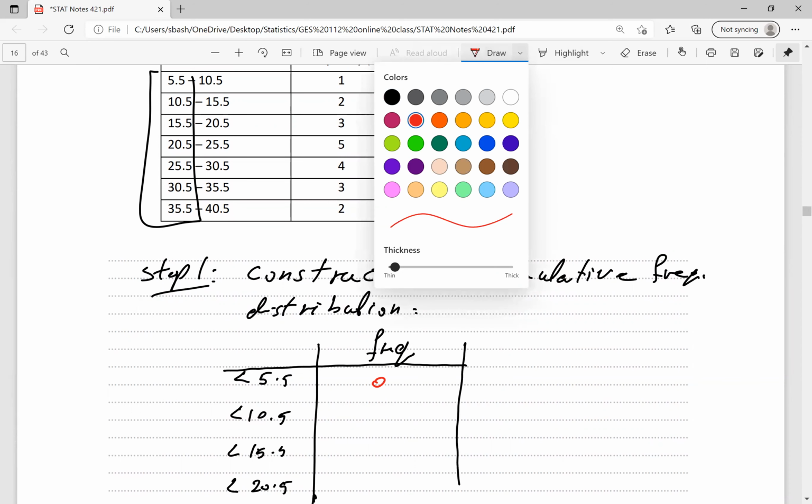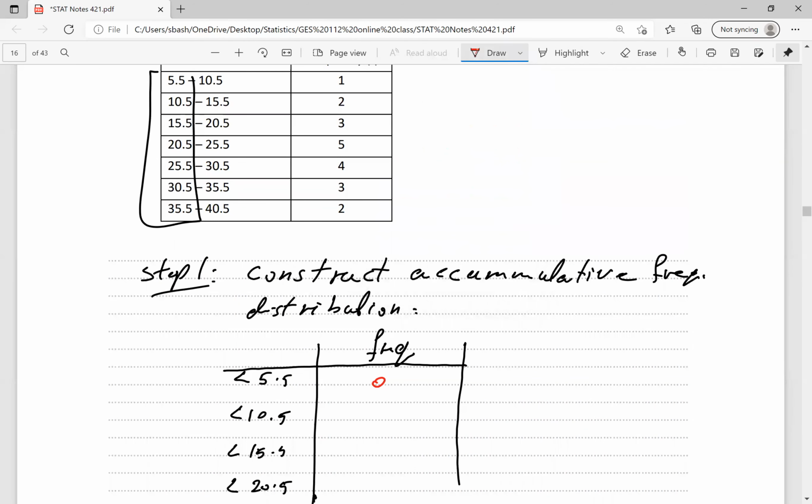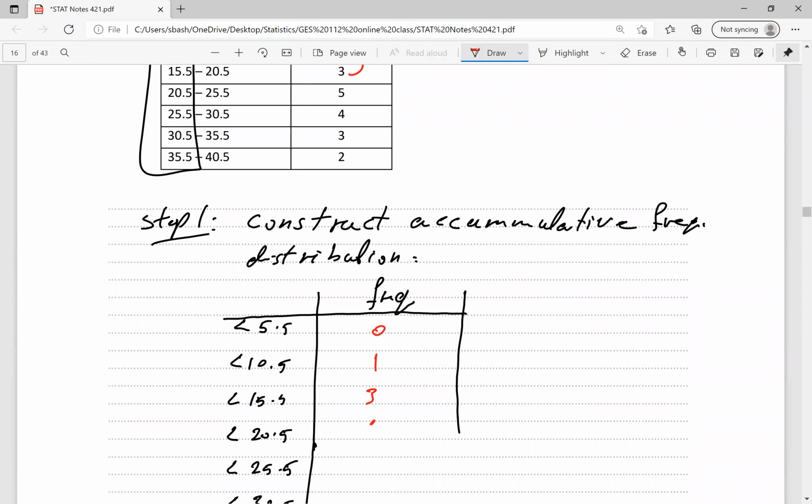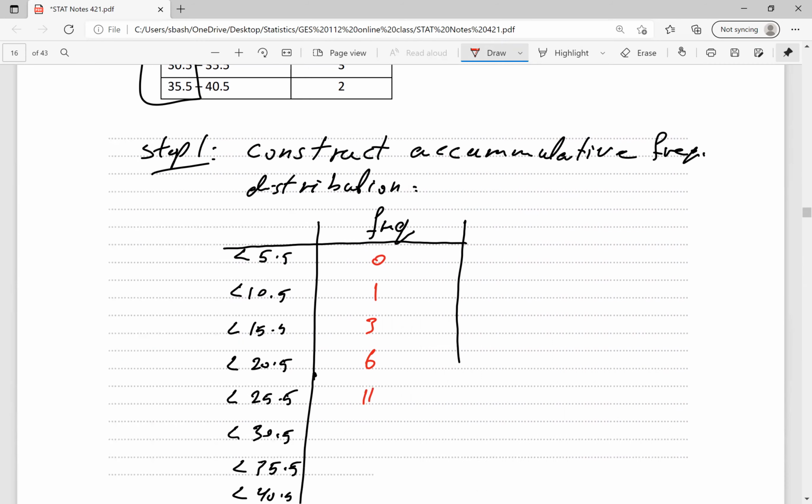Now less than 10.5, it is the first frequency. Now we are adding 0 plus 1 is equal to 1. Less than 15.5, we add it to the next one, which is 3. Less than 20.5, added to 3, we'll have 6. Plus 5, plus 4 is equal to 15.